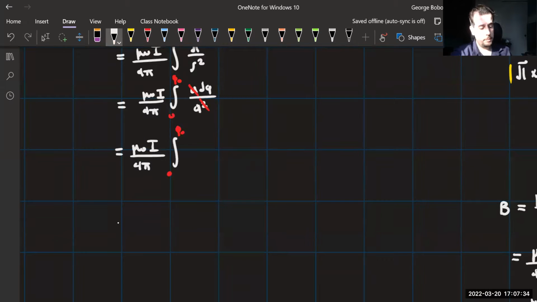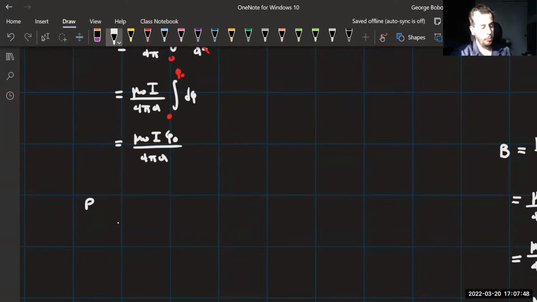And so again, I'm only remaining here with mu naught I over 4 pi a, and then d phi in the bracket here. So my answer is mu naught I phi naught. Okay, and the full magnetic field is this expression again, but in the negative z direction.